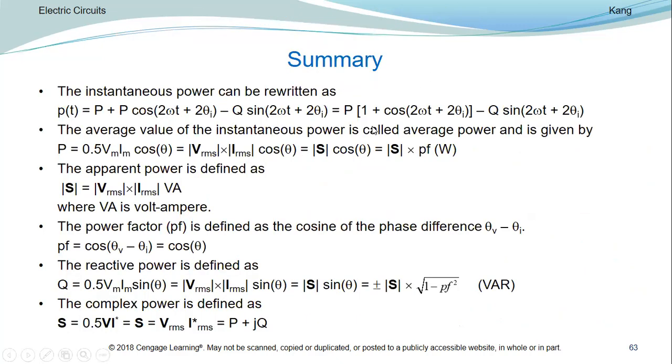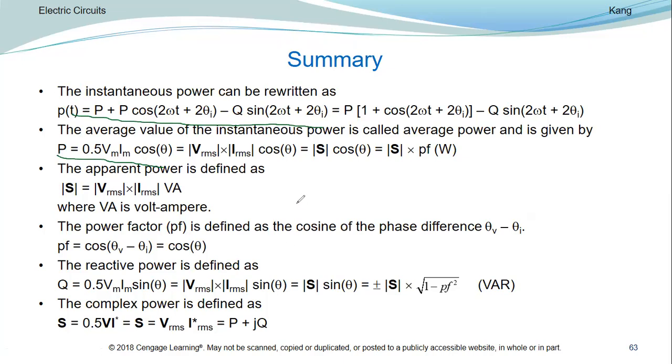Now this is the summary for the complete part number 1. The instantaneous power will be P plus P cos(2ωt plus 2θ) minus Q sin(2ωt plus 2θ). The average value is equal to 0.5 Vm Im cos θ. The apparent power is defined as S equals V RMS times I RMS, with the unit VA.